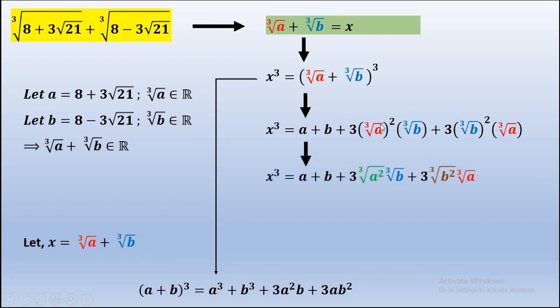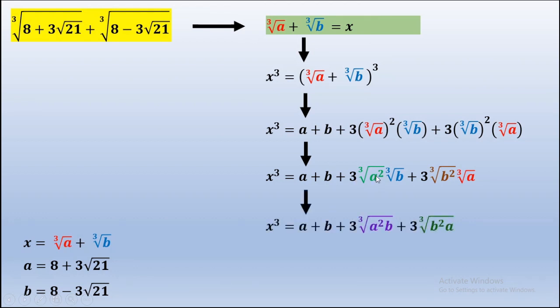Now here, all the terms having squares should be brought inside the cube root. So cubic root of a whole square can be written as cubic root of a square. Similarly, cubic root of b whole square can be written as cubic root of b square. Means I brought the square terms inside the cube root.